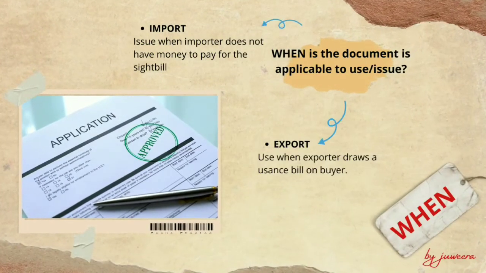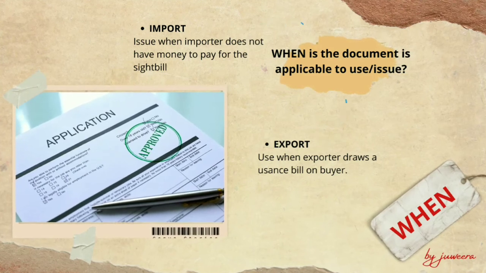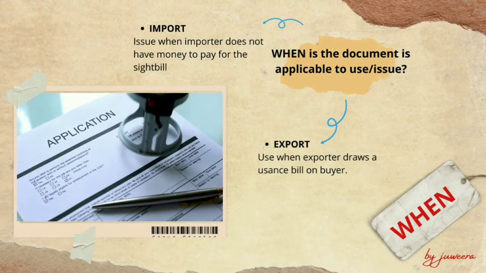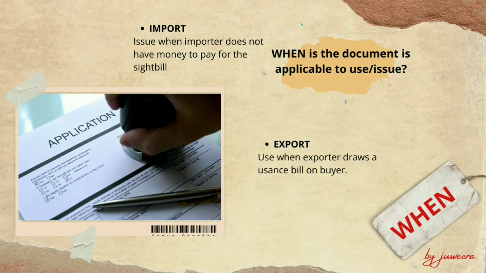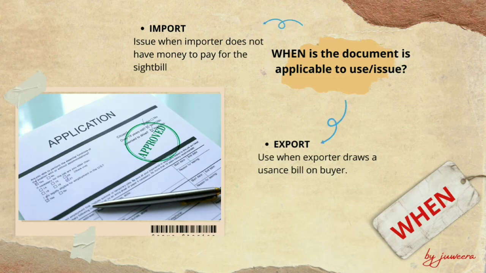Next is when. When is the document applicable to use or issue? Import. When the importer does not have money to pay the sight bill, the importer will arrange with his bank for the sight bill to be discharged by drawing a BA on the bank.